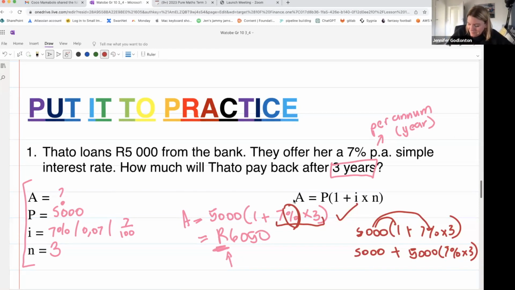Ma'am, do I log in the percentage in my calculator? You press shift and then the left bracket. Above it, you'll see there's a percentage sign. Should I divide the amount by 5,000? No, you want to times it. So you want to put in 5,000 and then a bracket, 1 plus 7% times 3, close that bracket. Oh, okay, thank you, ma'am.